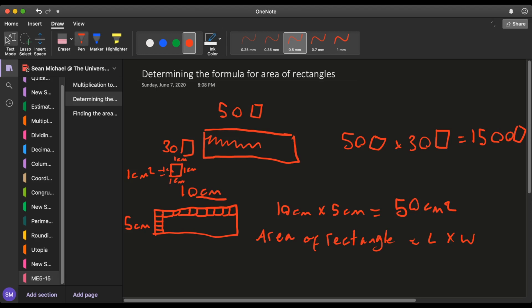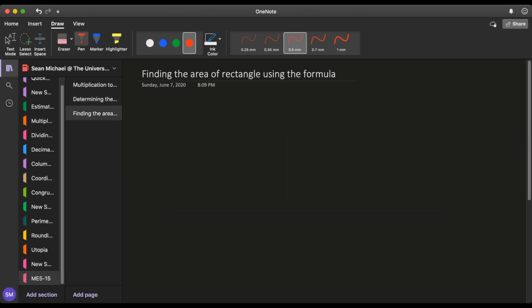So if I had a few other ones, let's just look here. Let's say I have a, we'll just take a little one here. I'll call this 8 and 4, so centimeters and centimeters. So how would we figure this one out? Well, we could think of it in the sense of having squared centimeters along here and there, or we could just know our formula. So if we want to figure this out, the area would be equal to length times width.